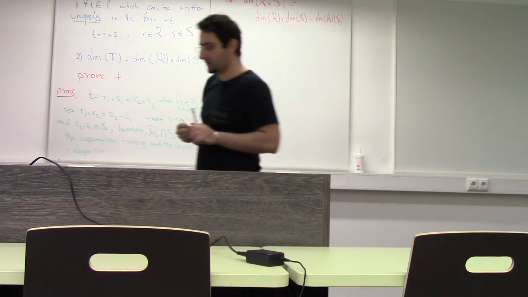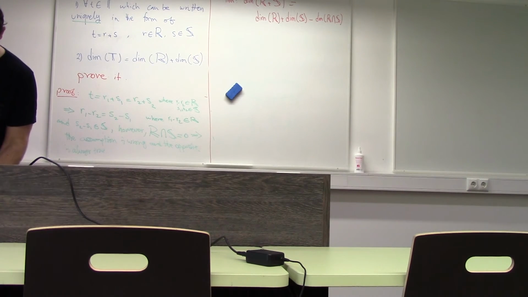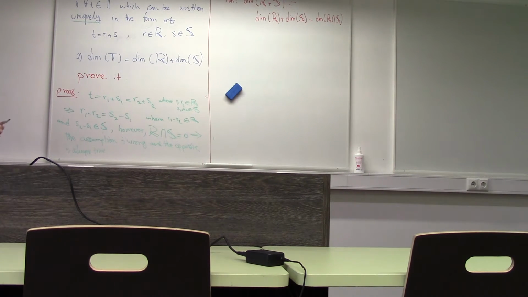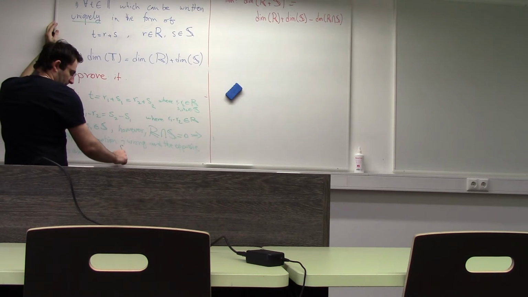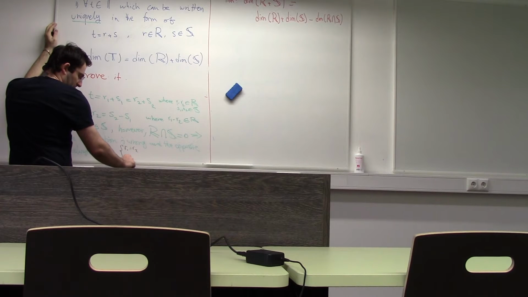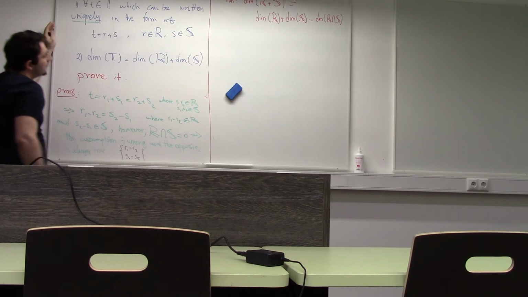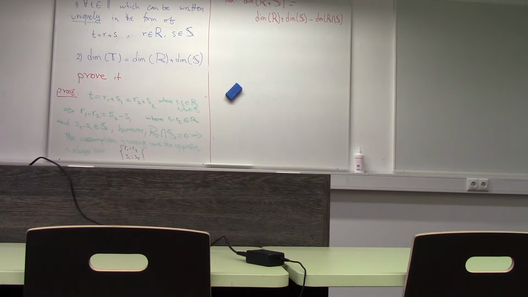So the result is proved. In other words, here R1 is equal to R2, S1 is equal to S2. So we showed that this is unique. It can be written in a unique form. We proved that the dimension is the dimension of R plus the dimension of S.